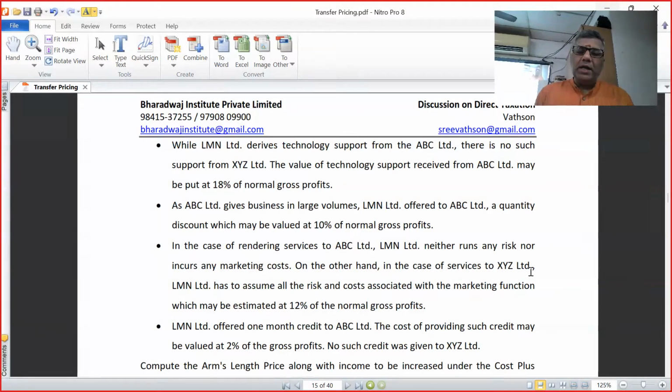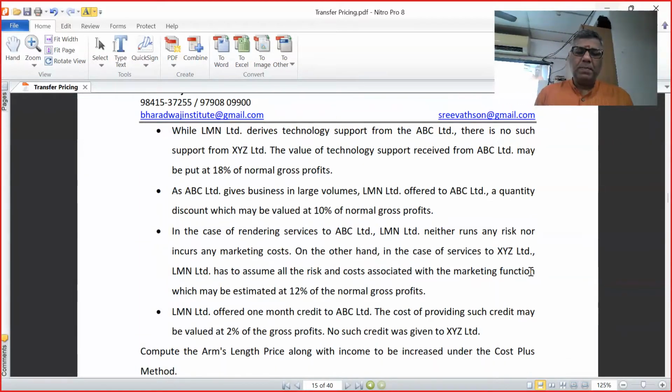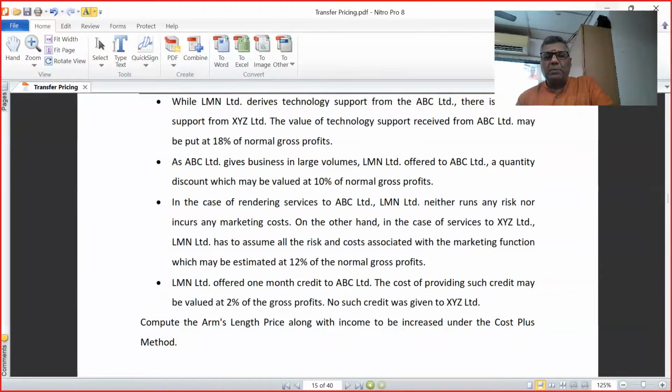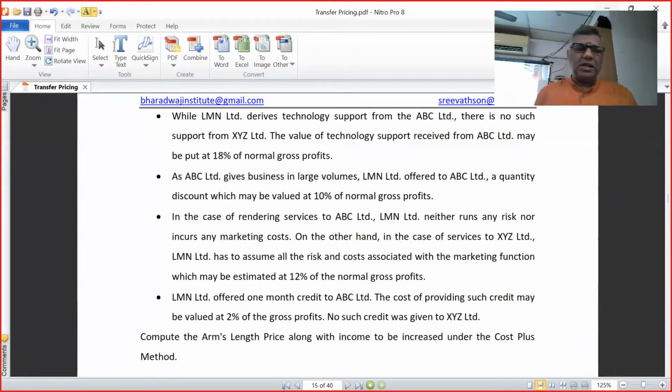On the other hand, in the case of XYZ Limited, Element had to assume all the risk and cost associated, which is 12%. Element offered 1 month credit to ABC Limited. The cost of providing such credit may be valued at 2% of the gross profit. No such credit was given to XYZ. Compute the arm's length price and the increase that needs to be made.